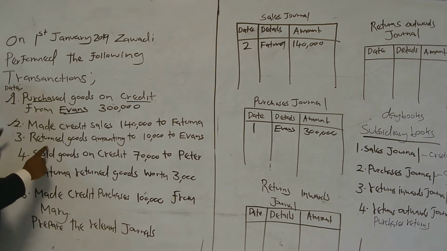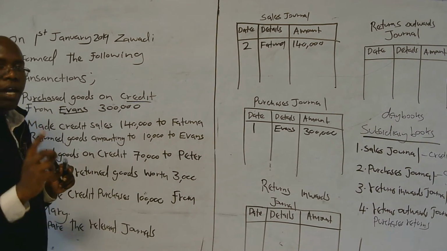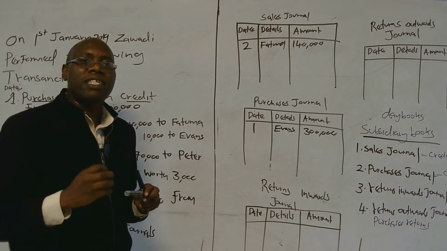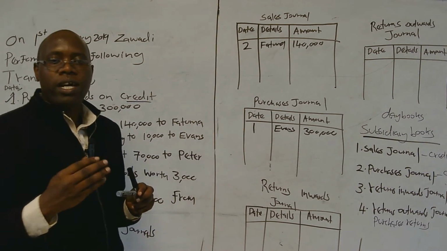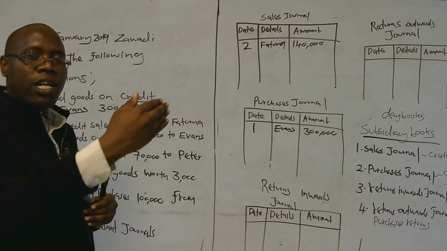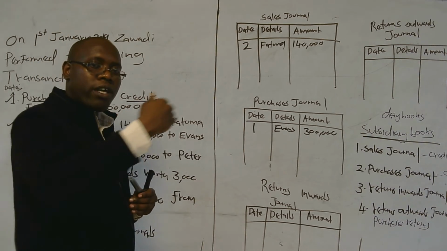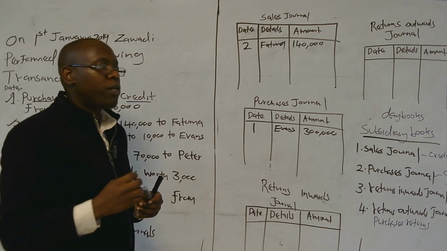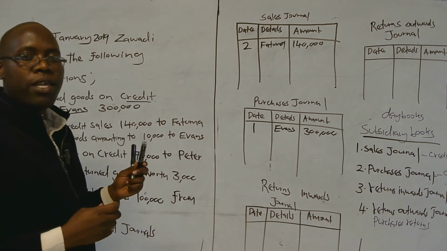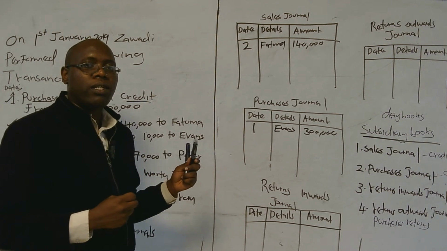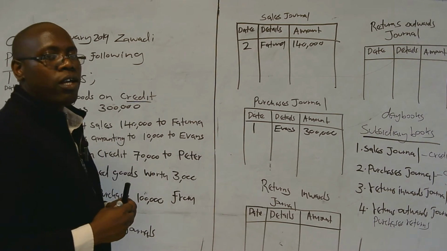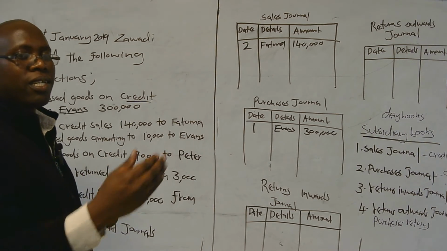And you know very well that returns to a supplier, that is going to be returns outwards. Because now we are returning to the supplier. The goods are leaving our business, going towards that particular supplier. So that one is supposed to be returns outwards whenever you return to our supplier, because now that's purchases returns.